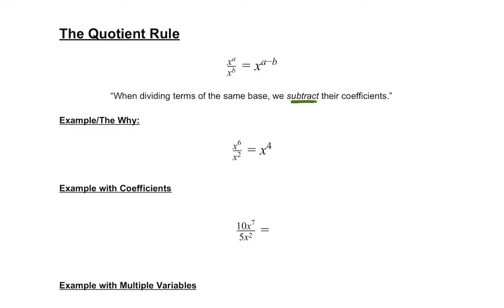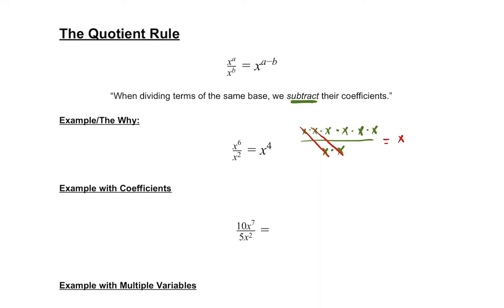But once again, not something you should feel like you have to memorize, because if you break it up into what's happening, on top we have 6 x's being multiplied together. On the bottom, we have 2 x's being multiplied together. And so, our normal cancellation rules apply. x divided by x is 1, so it goes away. x divided by x is 1, so it goes away.